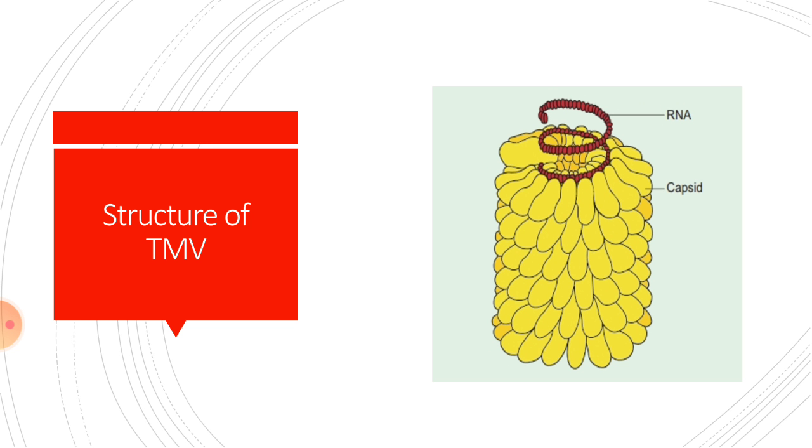The capsomere's molecular weight is 17,400. Each capsomere is made up of 158 amino acids, and these capsomeres show 130 turns around the nucleic acid. Each turn has 16 capsomeres.